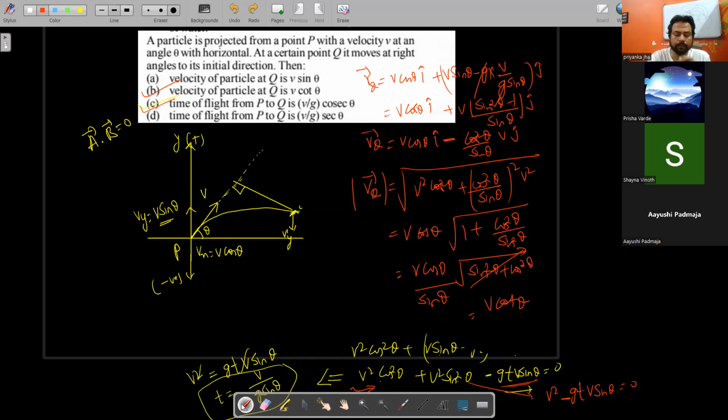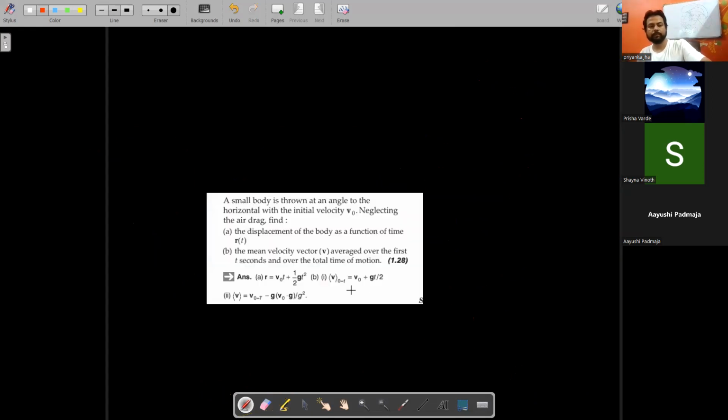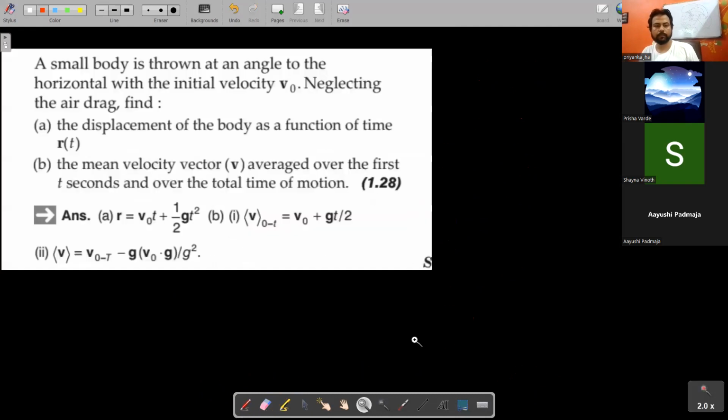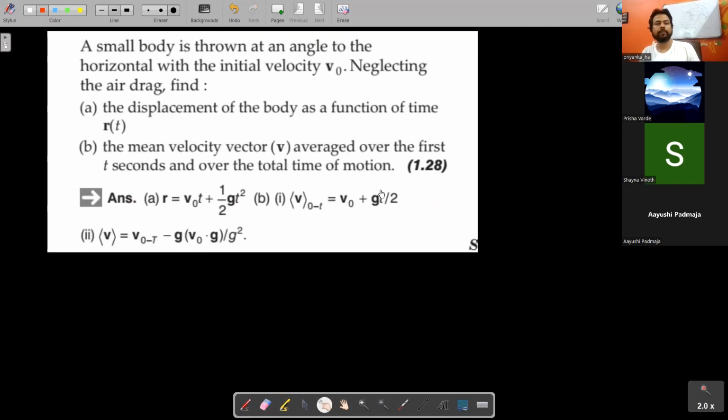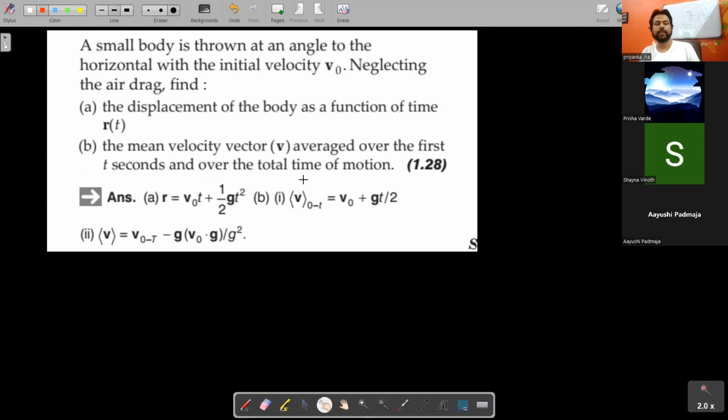Done or not? Done. Chalo, let's see another question. Another good question. See, this is the question and this is the answer given. Solve it.